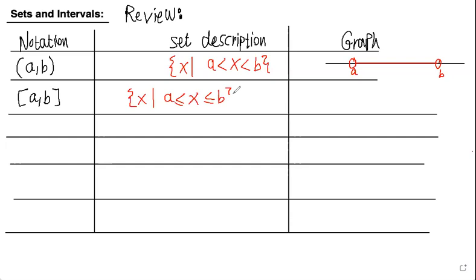The graph for this one has a closed circle at a and at b, both of them.